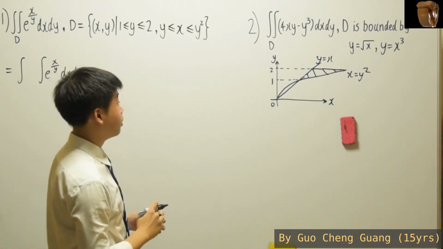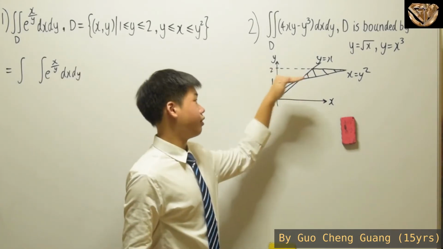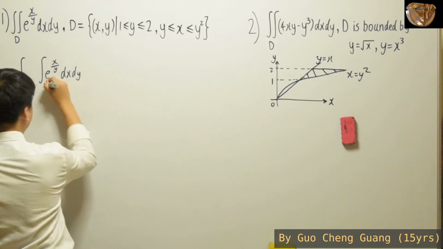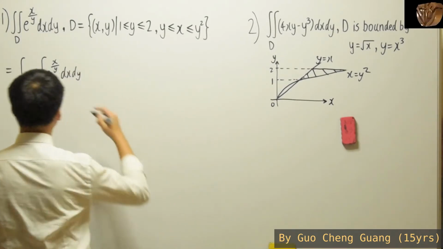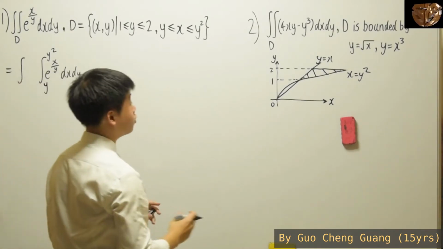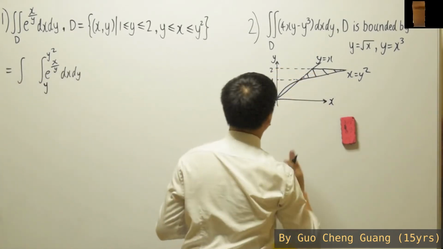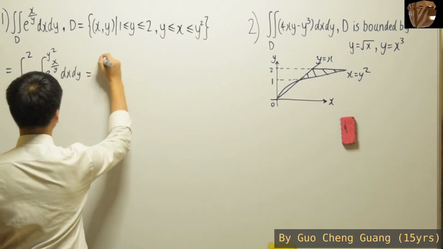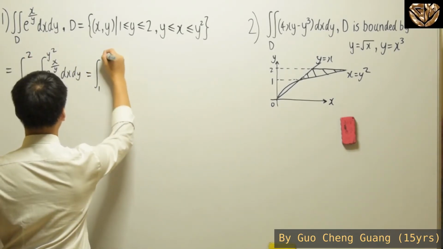Now what is the range for x? You have to go in this direction, from your straight line to your curve, which is from y to y squared. The range of y will just be from 1 to 2. So now integrate from 1 to 2.